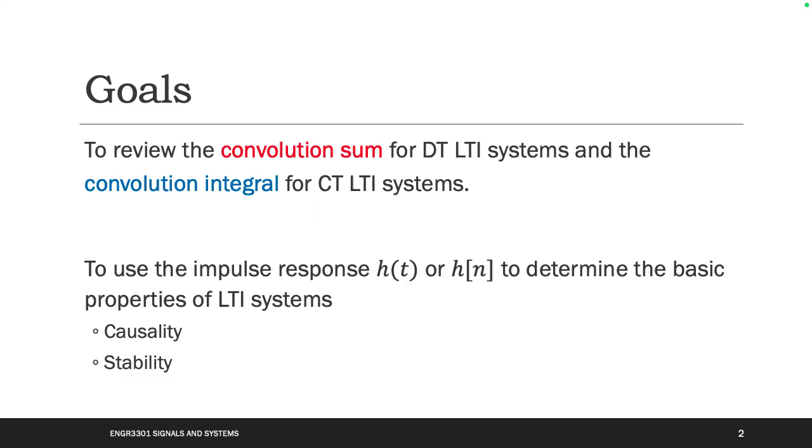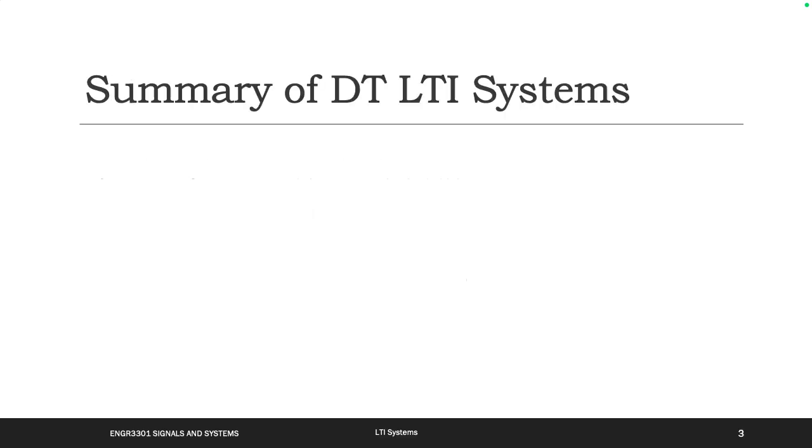This system has already been LTI, linear and time invariant. But for this kind of system, we want to talk about causality and stability to help us know this kind of system.